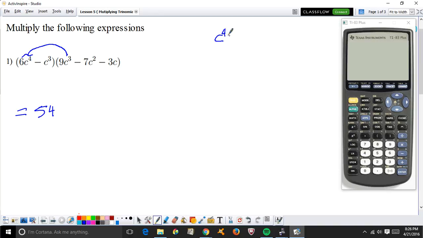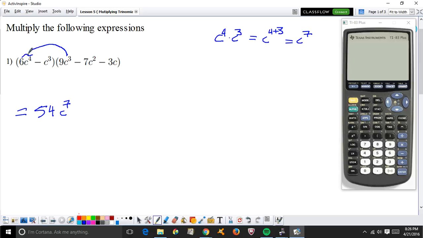When you multiply variables and they have the same base, which in this case we have, c to the 4 times c to the third, same base, we add exponents. So we got 4 plus 3, which equals c to the 7. So 6c to the 4 times 9c to the third is 54c to the 7.